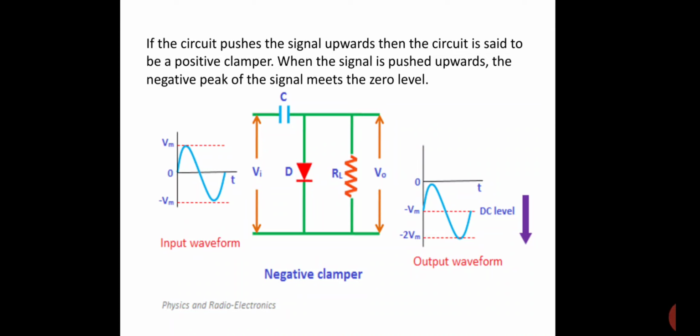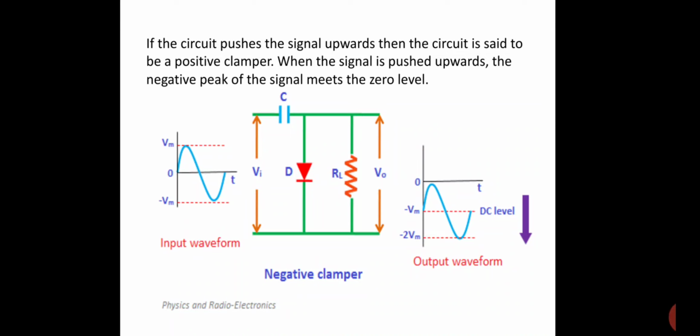When the input is negative, the diode's first part is positive and the input is negative, both are reverse, so the diode is reverse biased and works as an open circuit.